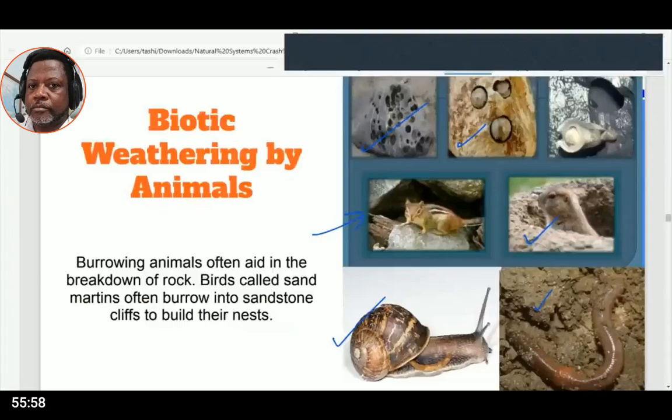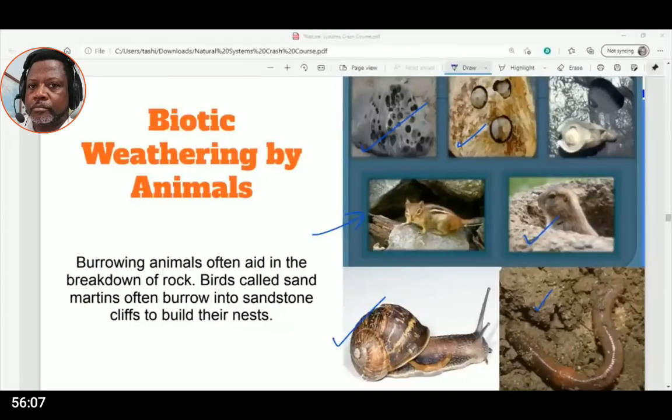Earthworms can do that too, so they can burrow through physically, but when they are burrowing through, they also release chemicals. So that release of chemicals also causes the rocks to disintegrate. Okay, so that would have been biotic weathering by animals, but chemically.